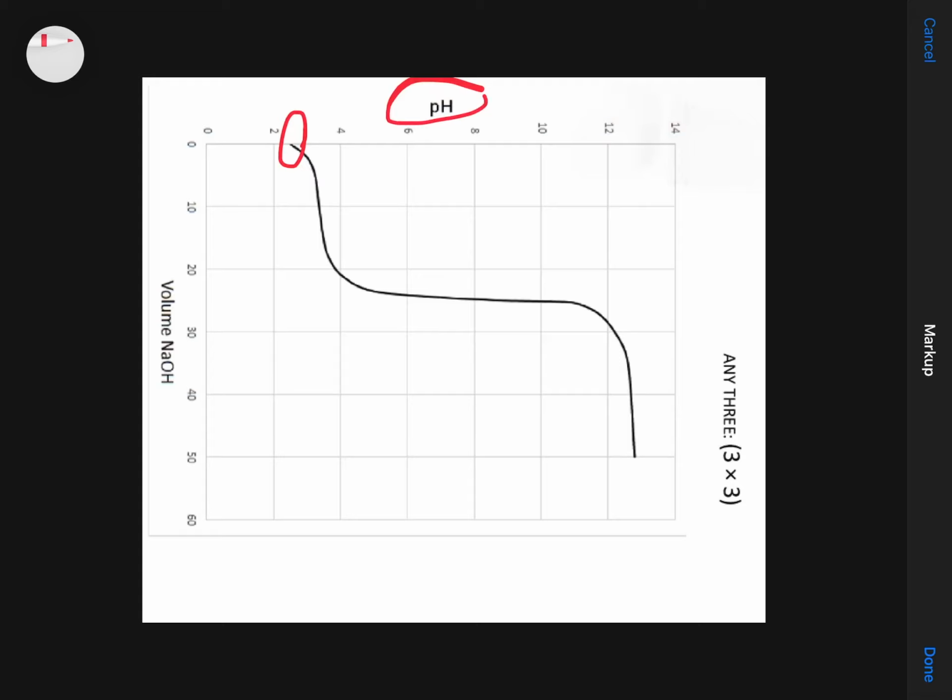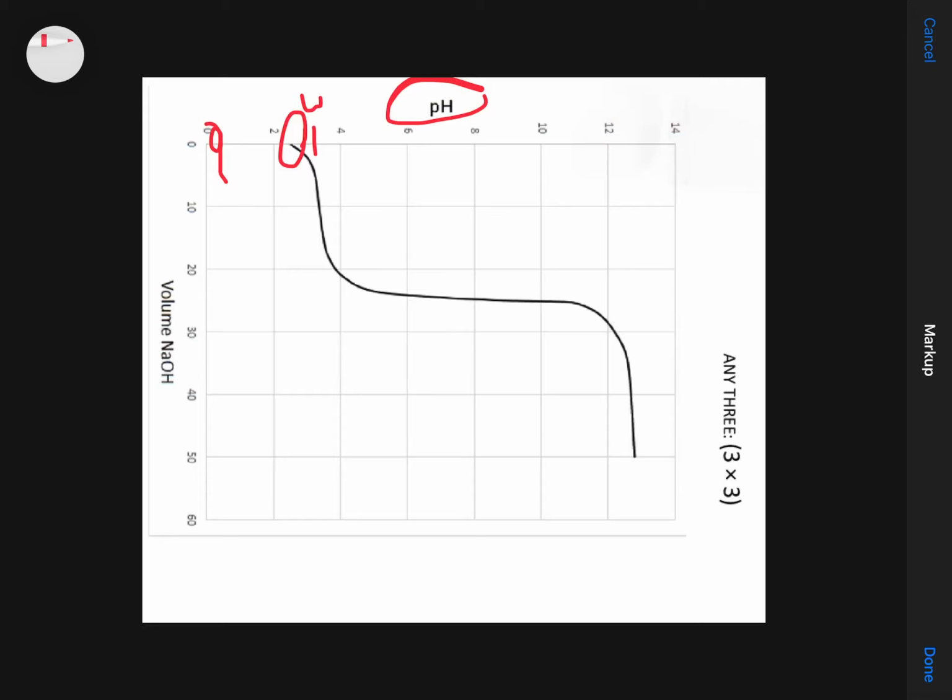It's less than 3, so 3 would be roughly there, so it's about 2.52. Now, which of our acids had a pH value of 2.52 when you calculated it, okay? Our HCl had a pH value of 0.3, that would be way down here. So if it was HCl, your graph would be starting down there. So it's ethanoic acid.